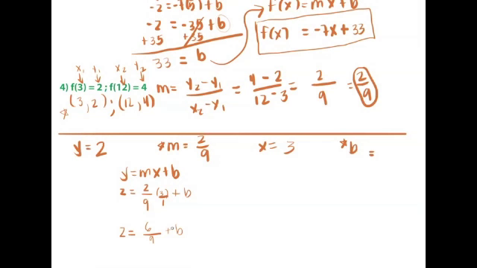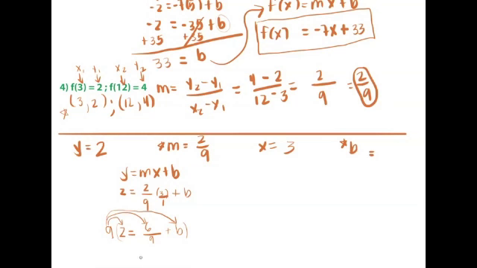If you want to reduce the fraction, you can, but let's just get rid of the fraction because I know you guys hate them. So here we go. Let's multiply everything in this line by the denominator. So the denominator for this is 9, right? So I'm taking a 9 and putting it on the outside, and it's going to the 2, to the 6, and it's going to the b as well.